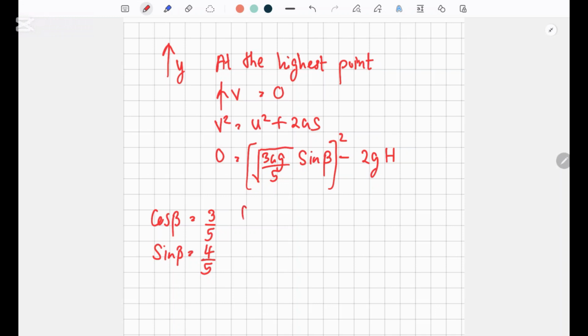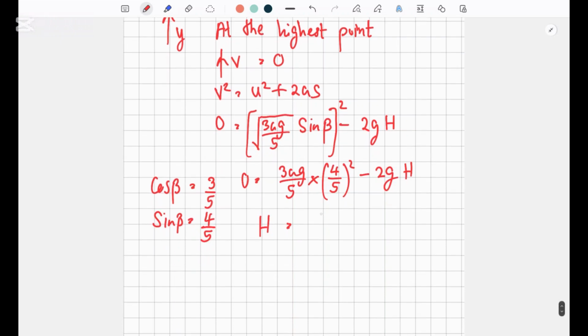So 0 equals 3ag over 5 times 4 over 5 squared, minus 2gh. So h equals, you have to use your calculator for this, 24 over 125 a. You can cancel off g. This is h.